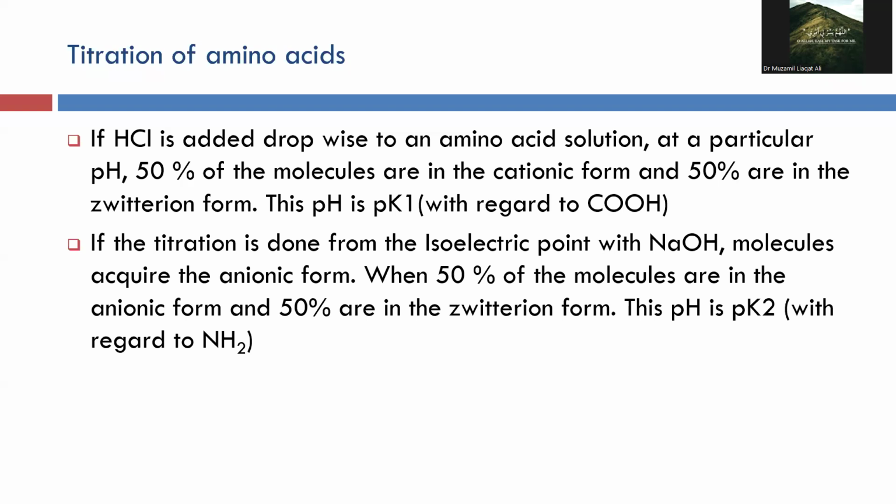All carboxyls are deprotonated ultimately, and the net charge becomes more negative, right? There will be a net charge that is negative. And in step 2, now add HCl dropwise.